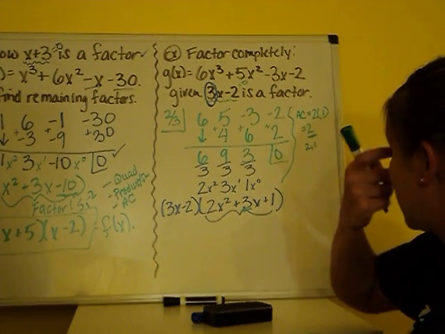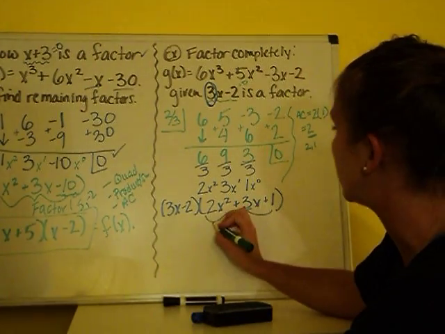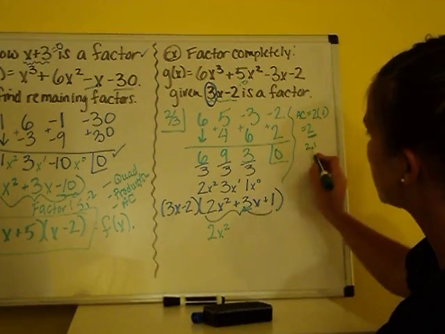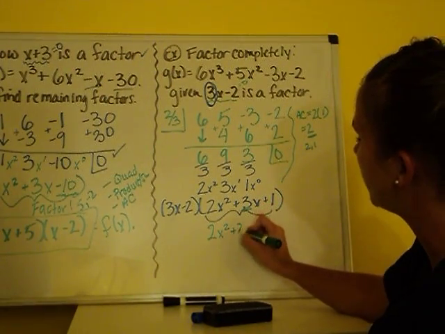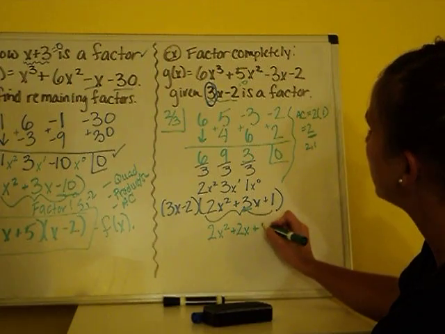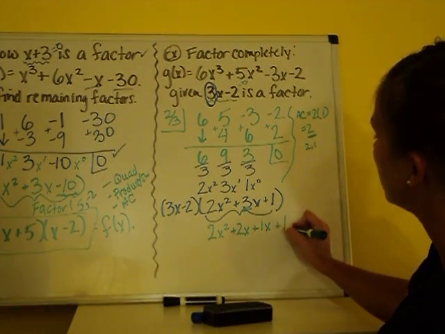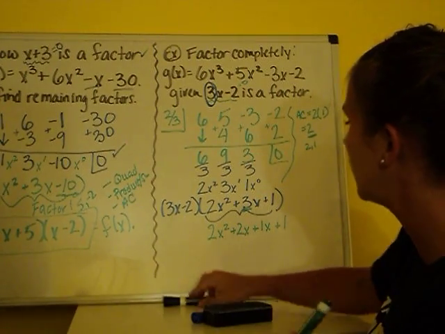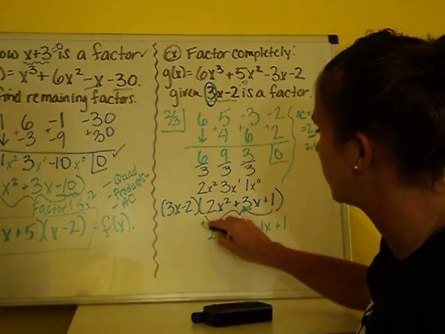Alright, so that means that I'm going to be factoring 2x squared. I'm splitting up this 3 into a 2 and a 1. So I'm going to have plus 2x plus 1x plus 1. Okay? And then from here, I factor by grouping.